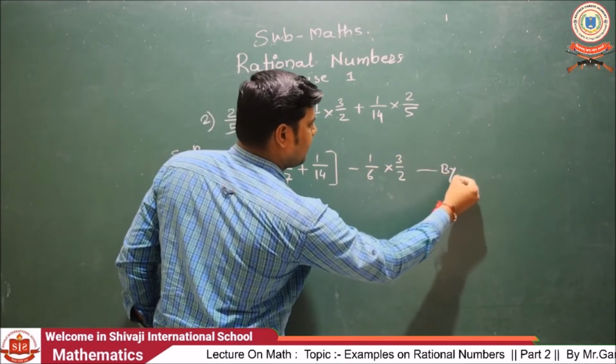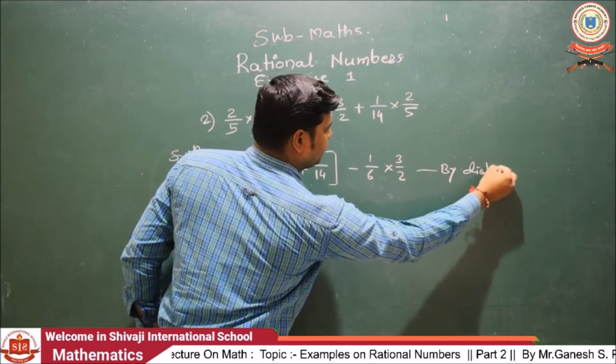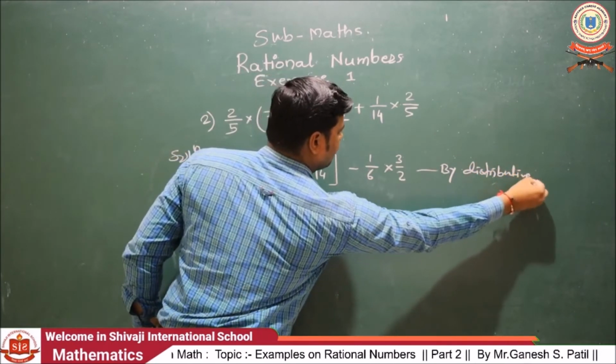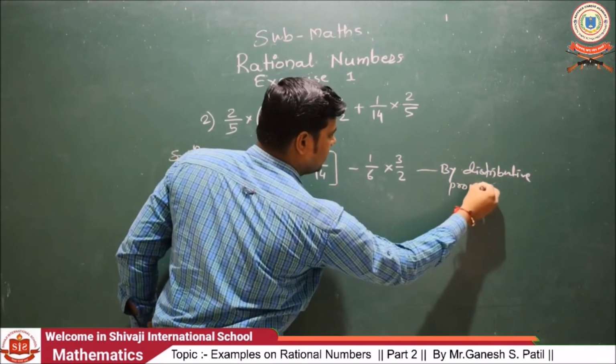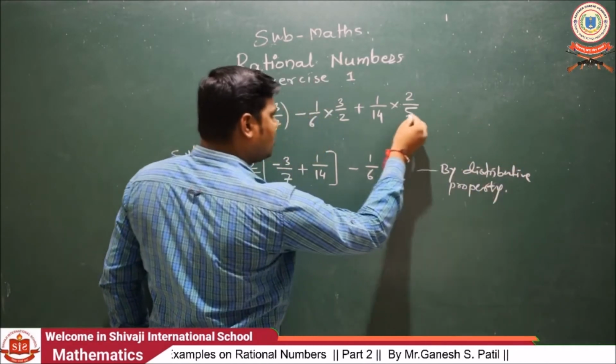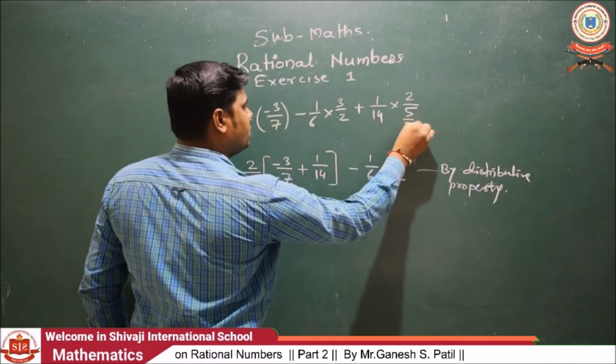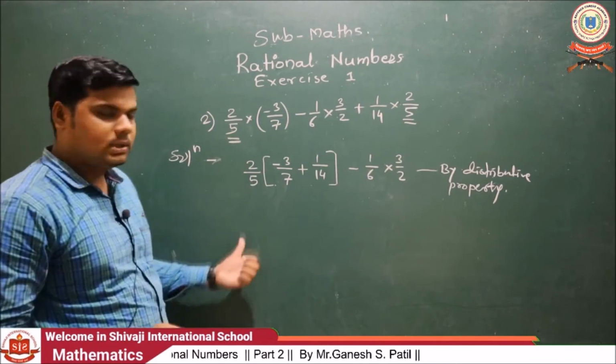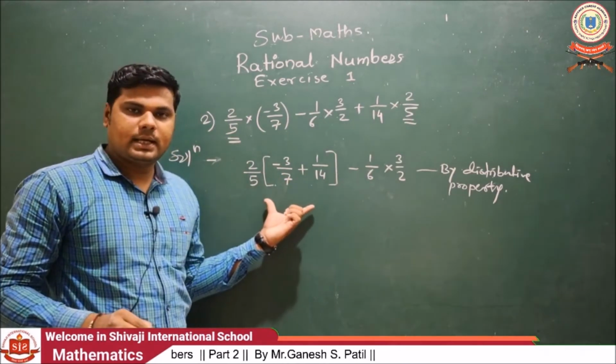By the distributive property, 2 by 5 is common, so we can write it the same way.